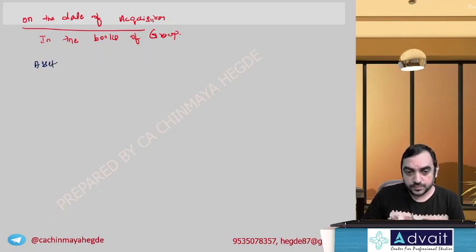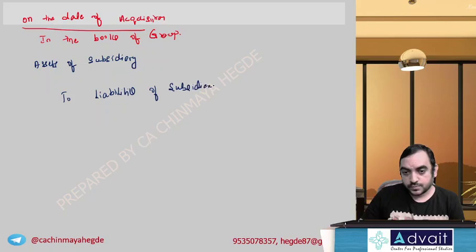Assets of subsidiary, to liabilities of subsidiary, to NCI. This assets minus liabilities represents net assets. So to bank, and outsider shares to NCI. And the balancing figure you can say is goodwill.